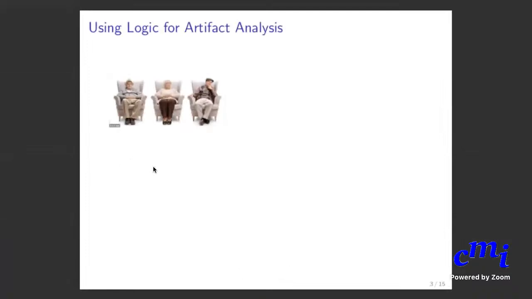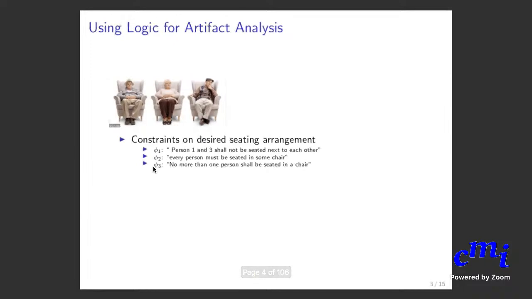Okay, so that's that. I'll take a more complicated example of using logic to model an artifact, analyze it, and predict certain things. This one is a problem where you have 3 chairs, numbered 1 through 3, and 3 people.